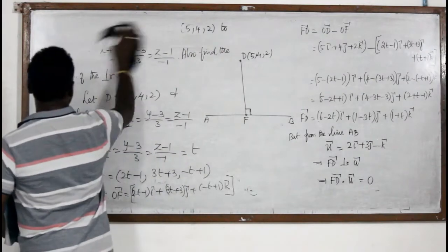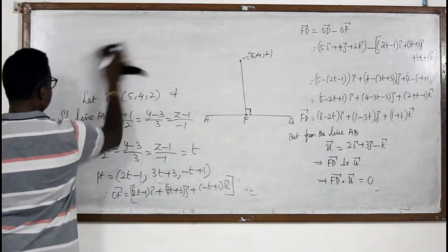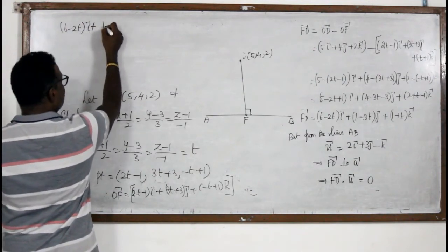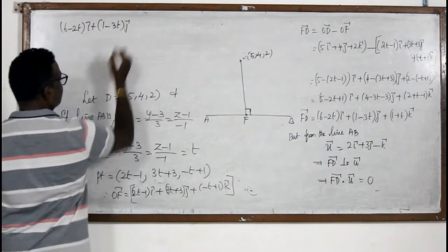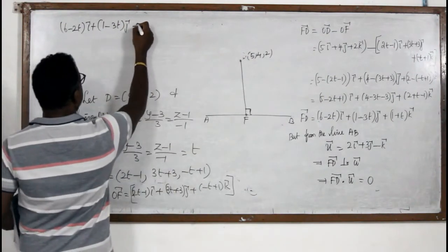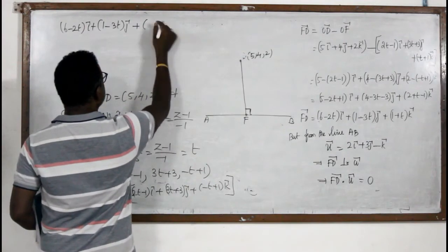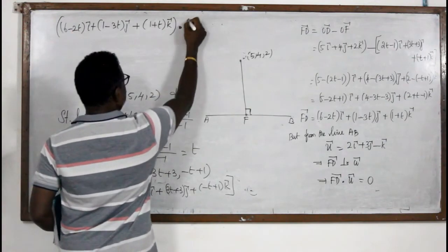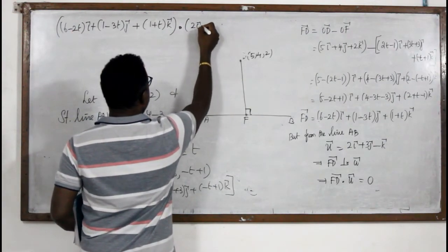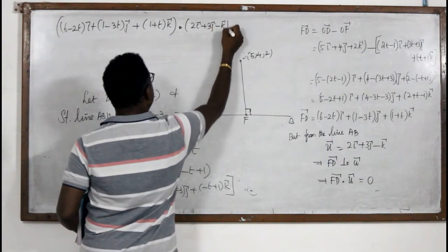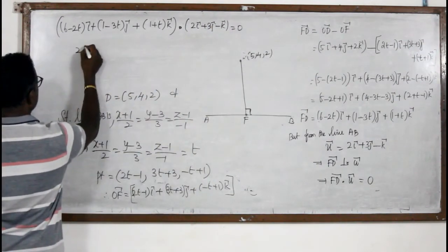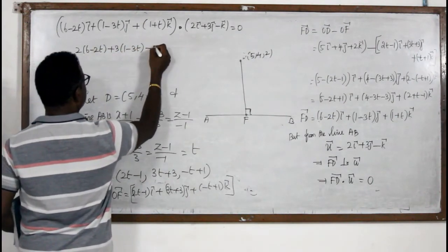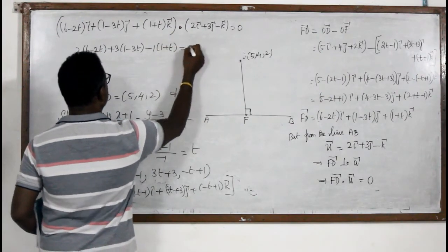So, what is FD? (6-2t)i + (1-3t)j + (1+t)k, dotted with 2i + 3j - k equals 0. The dot product means 2(6-2t) + 3(1-3t) - 1(1+t) = 0.